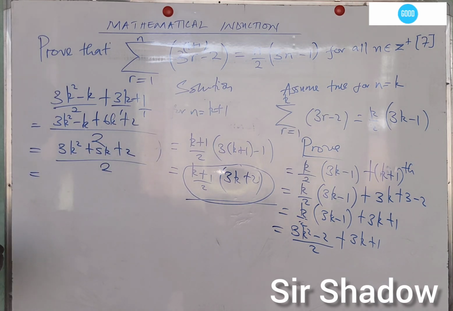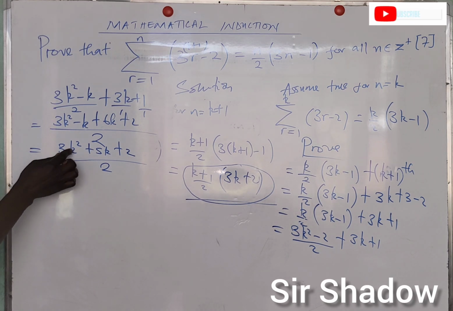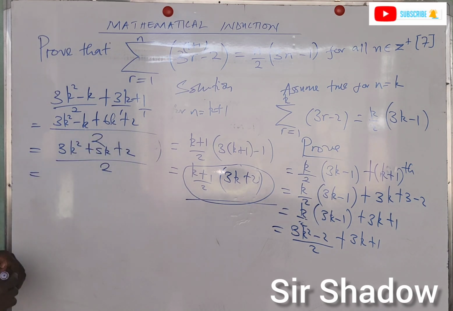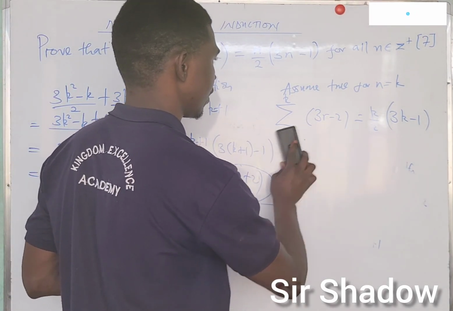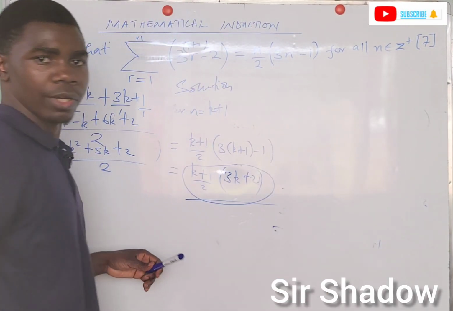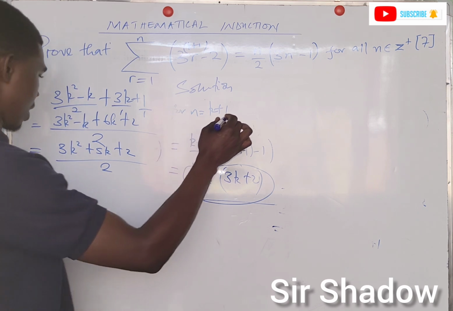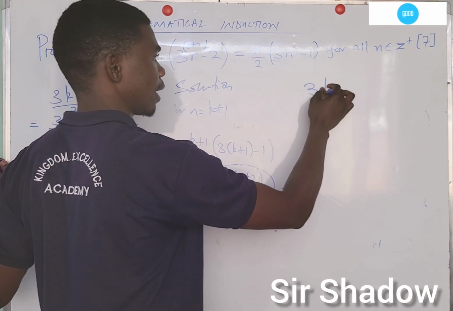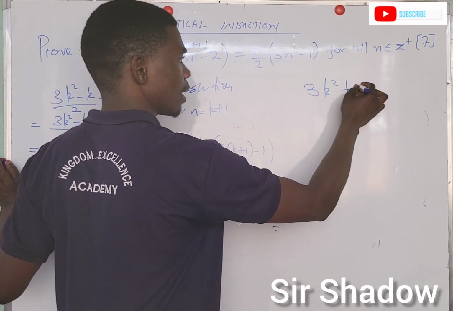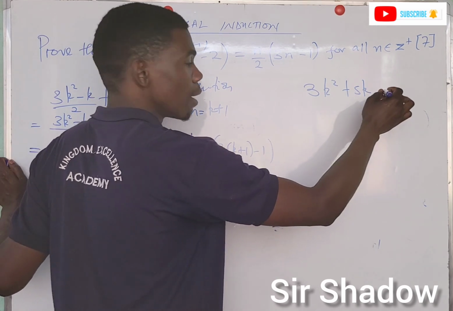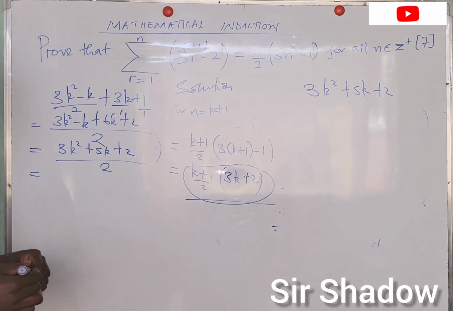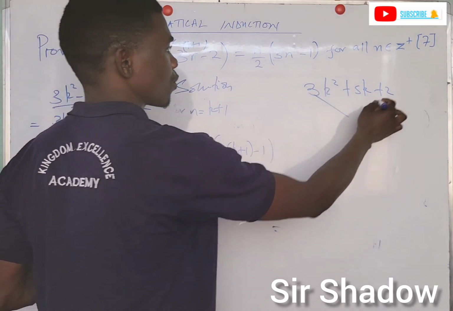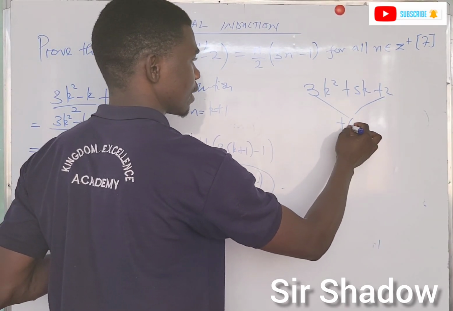This is equal to, let's now factorize 3k squared plus 5k plus 2. We want to factorize this thing. So factorizing, we multiply this one by this one, which is 6k squared.